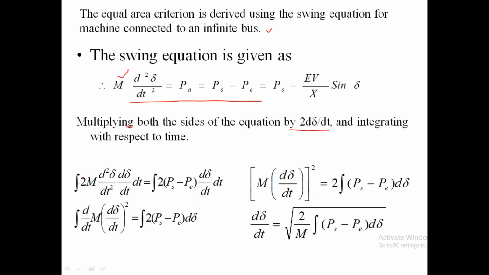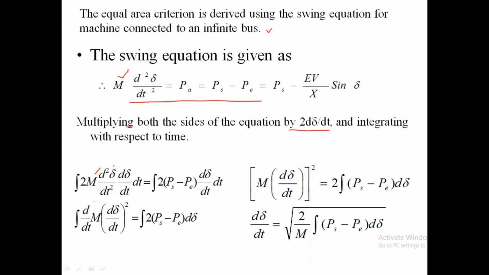So the left side becomes 2M d²δ/dt² multiplied by dδ/dt, integrated with respect to time, and on the right side 2 dδ/dt is also multiplied and integrated with respect to time.